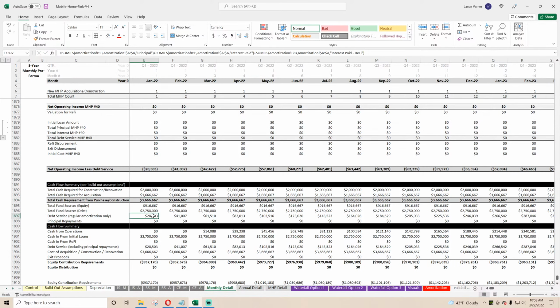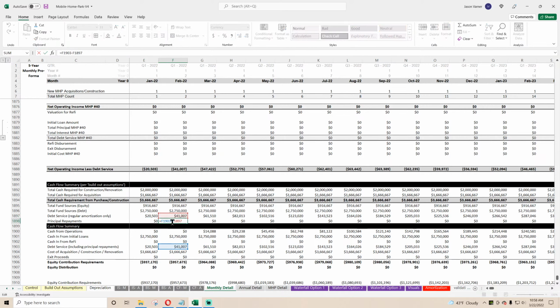So what did I do here? I did debt service. So this is principal plus interest paid on the refi. No, it's not all tax deductible interest. It's all of the debt service. And then this is just principal, which is that against total debt service.